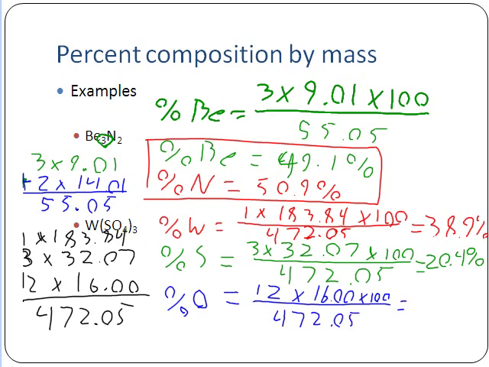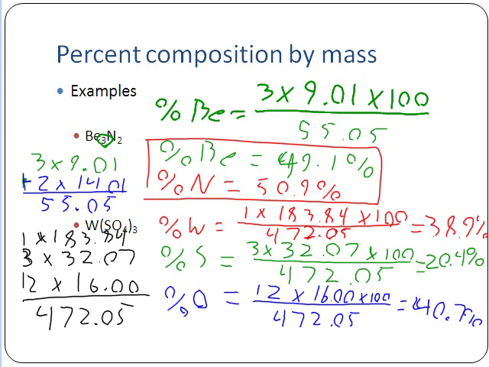So 12 times 16 times 100, divided by 472.05, we get 40.67. That would just be 40.7. And so we have 38.9% tungsten, 20.4% sulfur, and 40.7% oxygen.